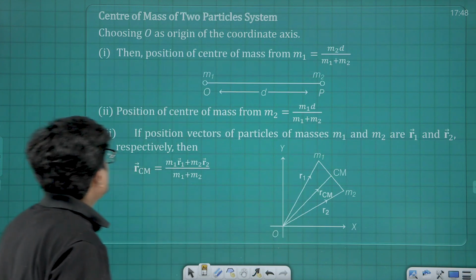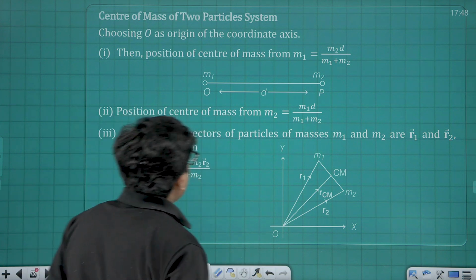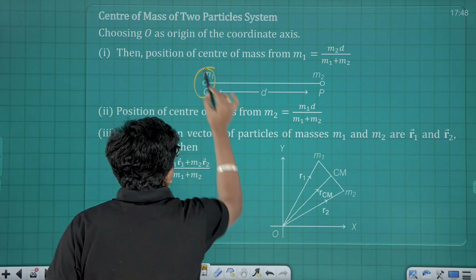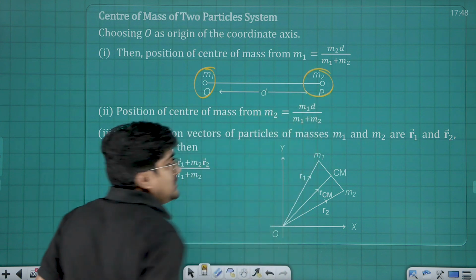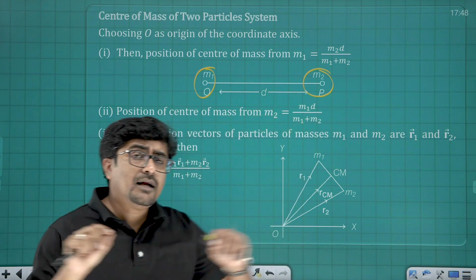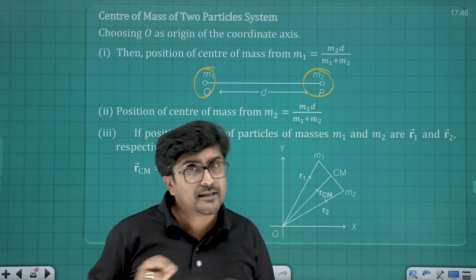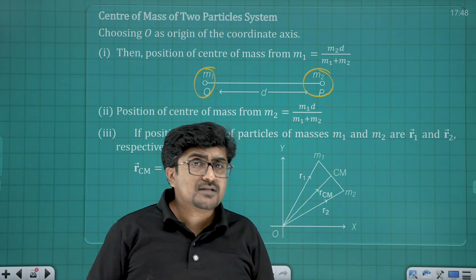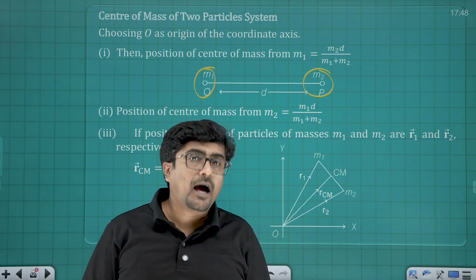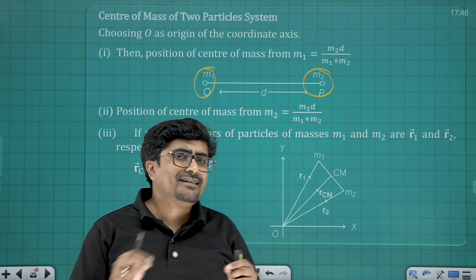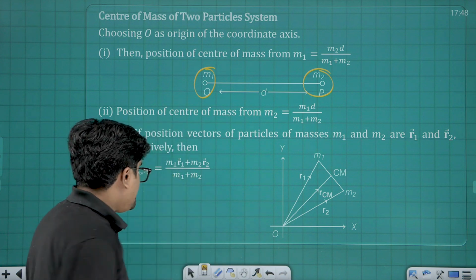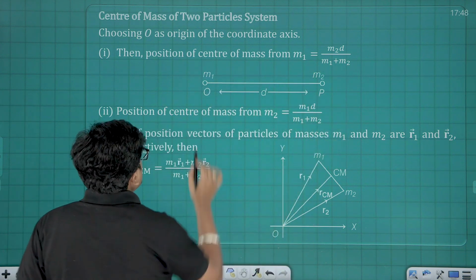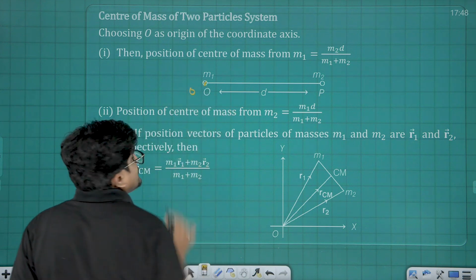Okay, the next one is, if we are provided with a two particle system like m1 and m2, kept at a linear distance of separation of small letter d. Then the center of mass of this system with respect to m1, I repeat, with respect to m1, in that case what you have to do is take this particular point as the origin.